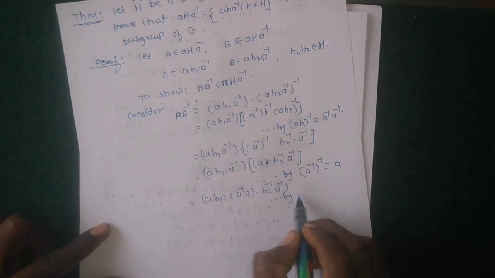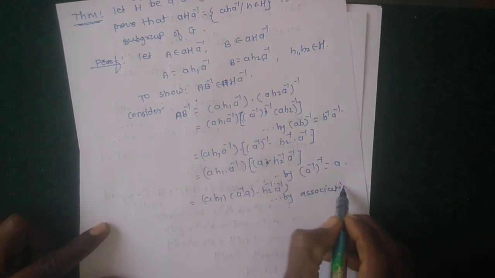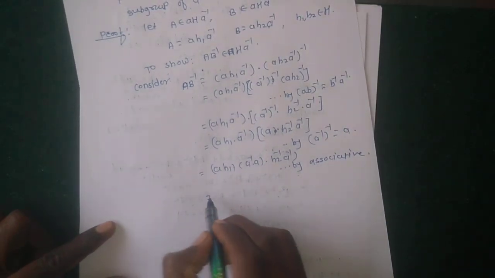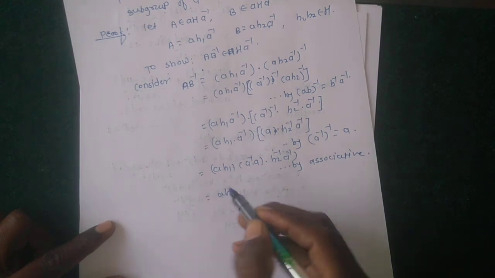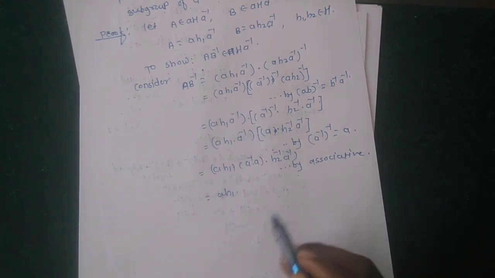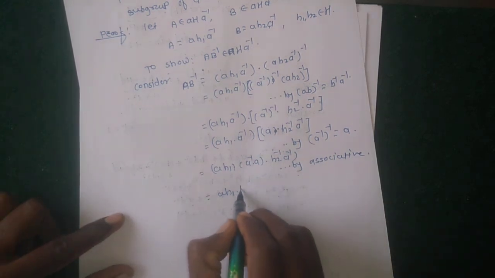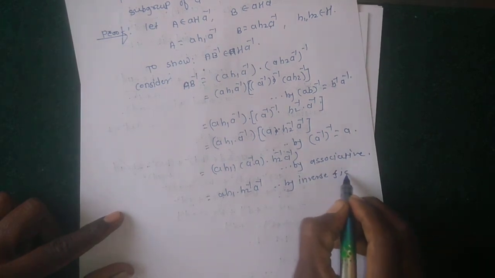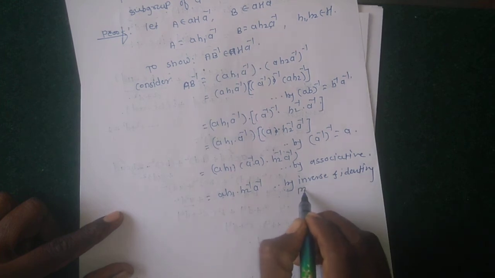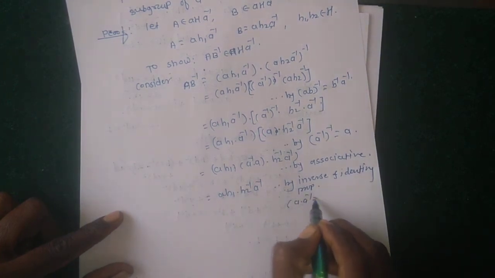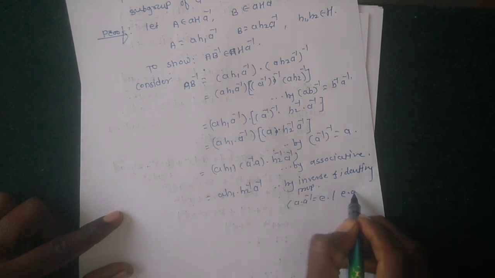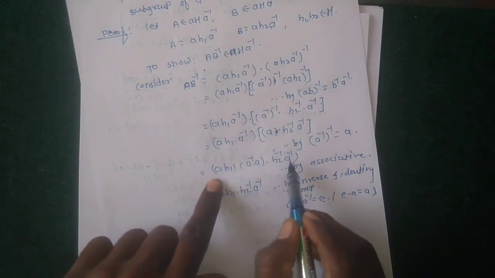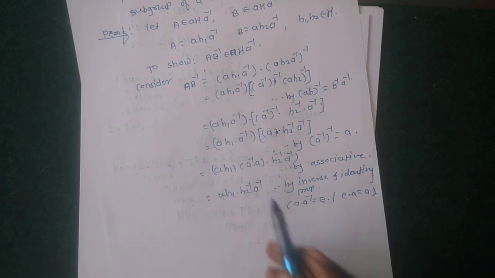By the inverse property, the value of a⁻¹a is e. By the inverse and identity property, because aa⁻¹ equals e and e into a equals a itself, we get ah₁ into e into h₂⁻¹a⁻¹, and the value must be ah₁h₂⁻¹a⁻¹.